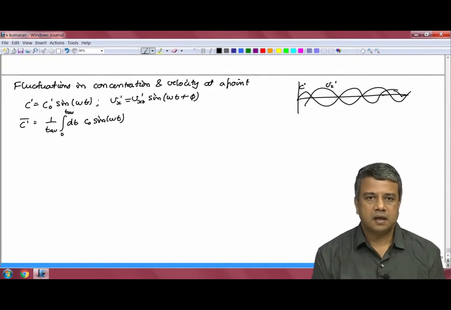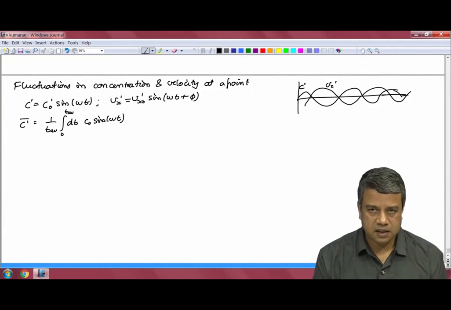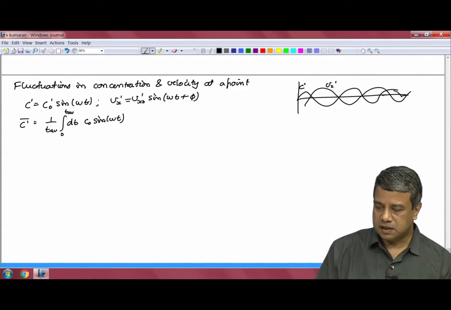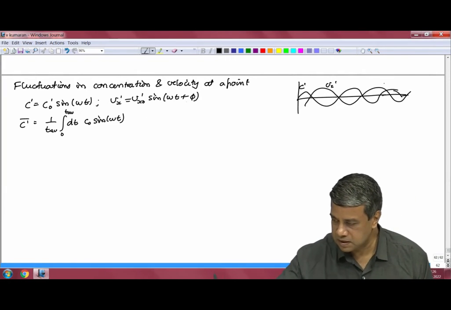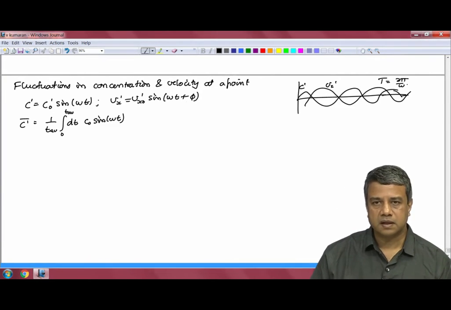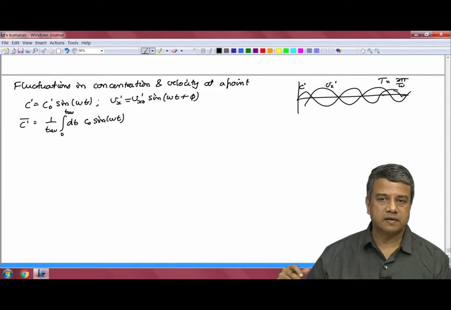And I said that the averaging time has to be much longer than the characteristic time scale for variation of the concentration. The characteristic time scale for variation of the concentration is in this case the time period, which is equal to 2 pi by omega.